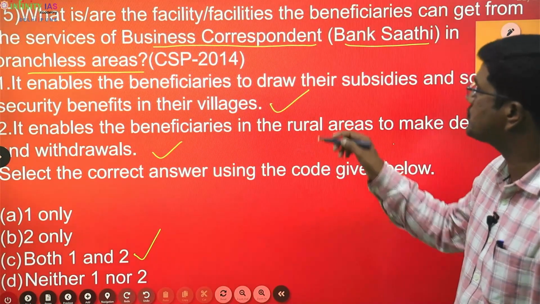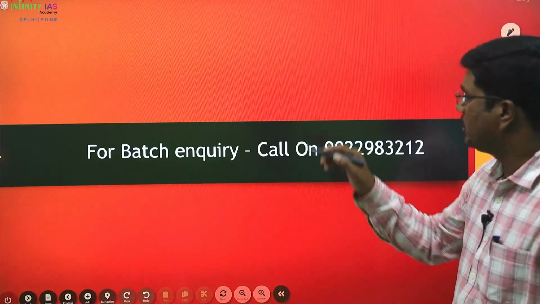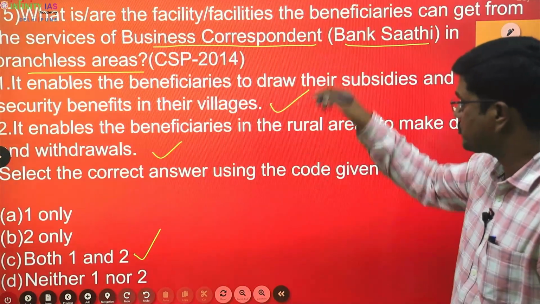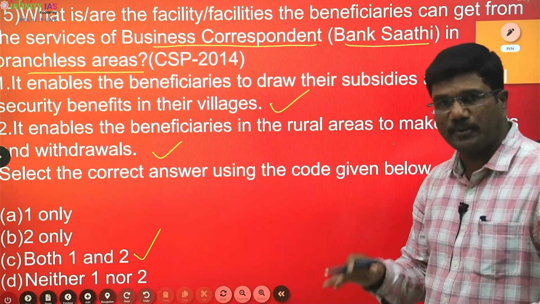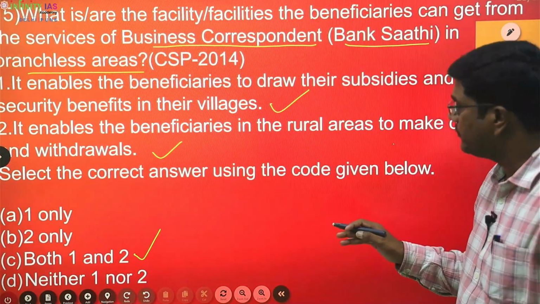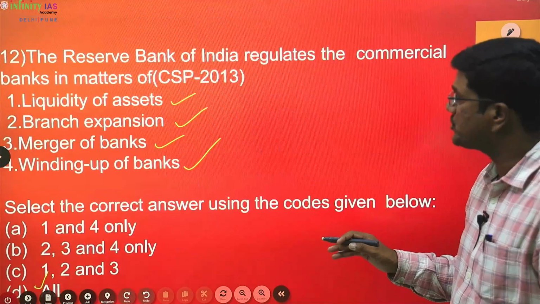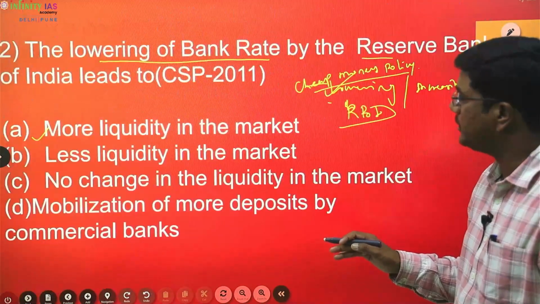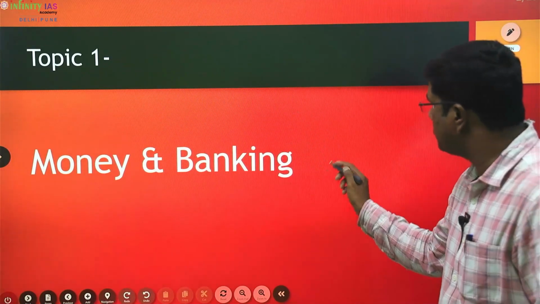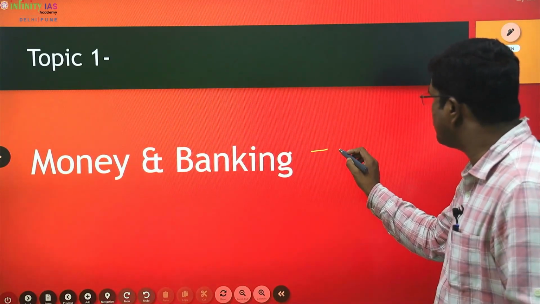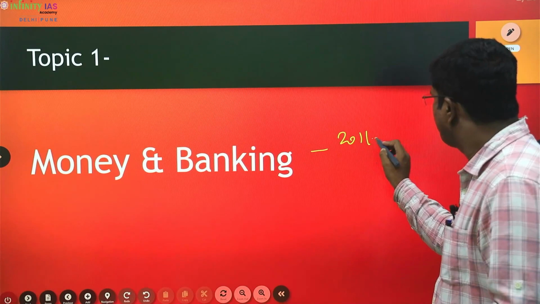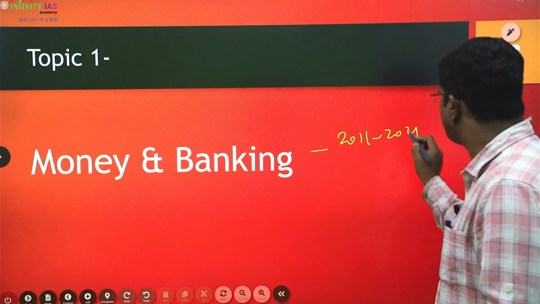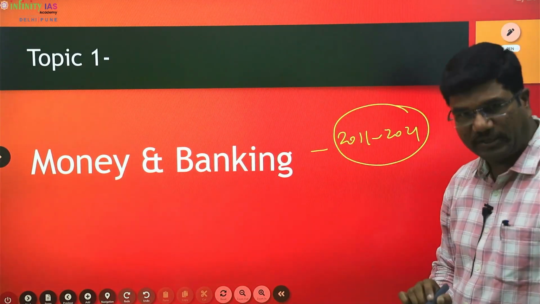So all in all, if you study all these questions of previous year prelims on money and banking, which is the topic we studied, topic number 1, this topic carries a lot of weightage in the last 10 years, 2011 to 2021.